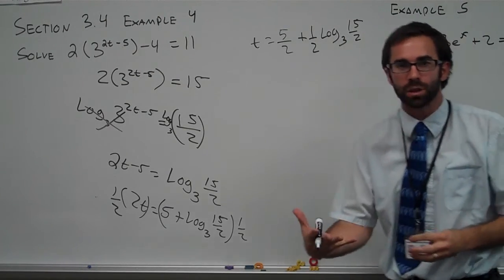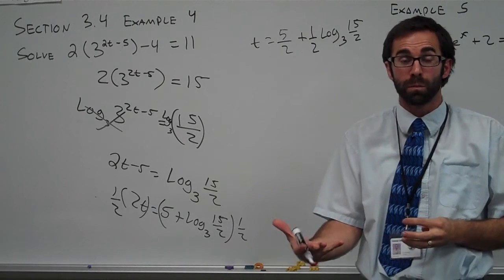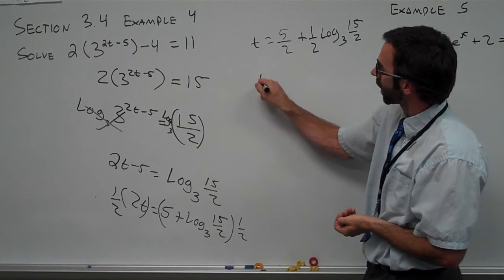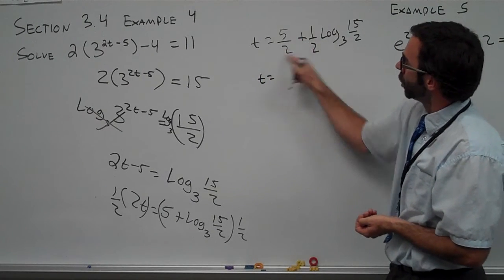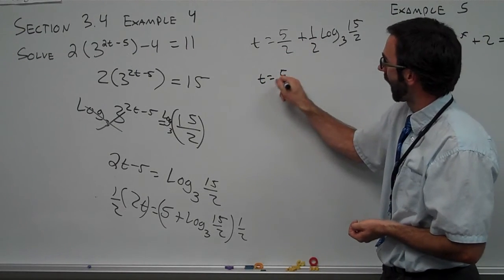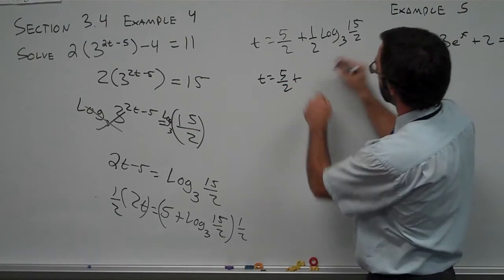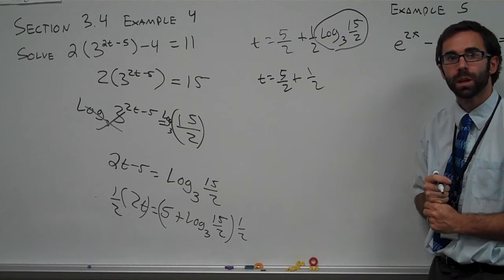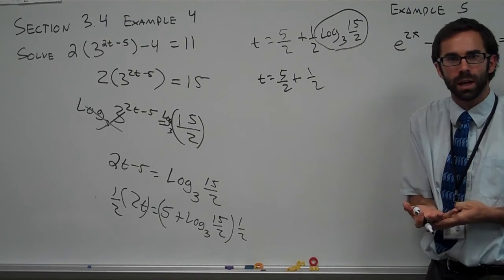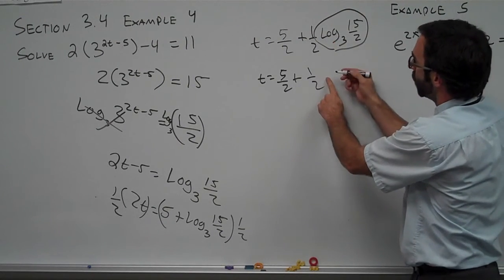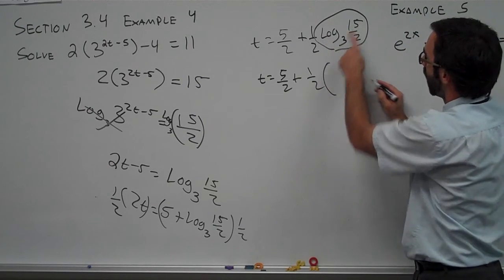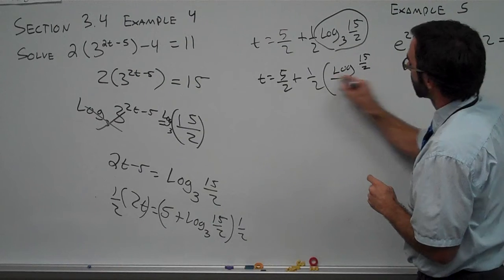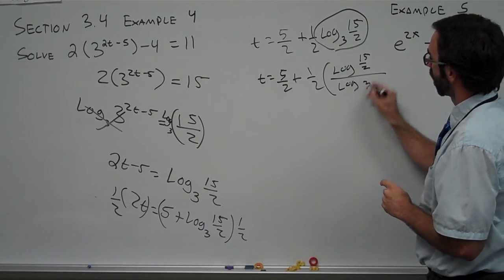But if you're ever asked to write this in decimal form, you're going to have to be able to do this in your calculator. You could put 5 halves plus a half, but the question is, how do we do the log base 3 in our calculator? We can use the change of base formula. So you put times log of 15 halves over log of 3.